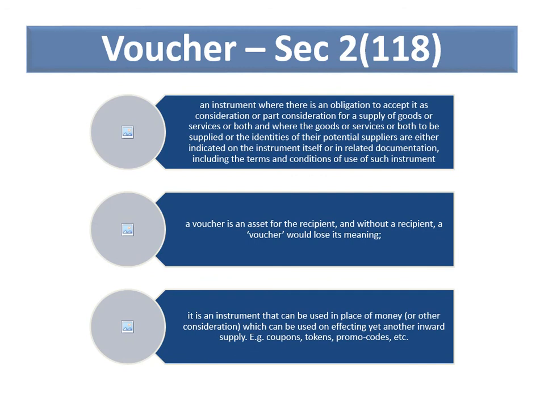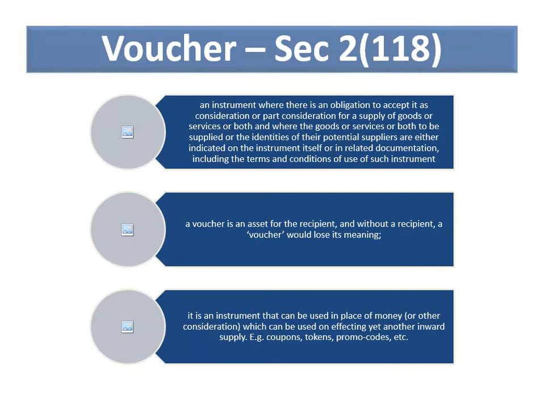So basically, a voucher is an asset for the recipient. Without a recipient, a voucher is nothing. It loses its meaning. It is an instrument that can be used instead of money, which can be used for effecting yet another inward supply, for example coupons, tokens, promo codes, etc.